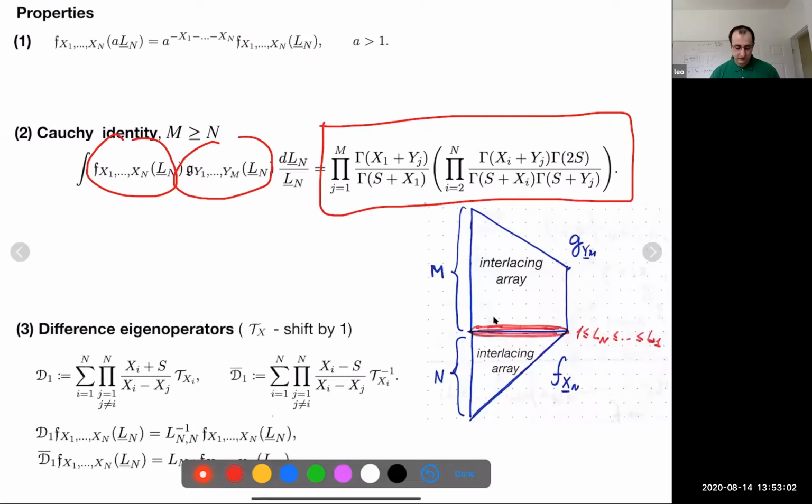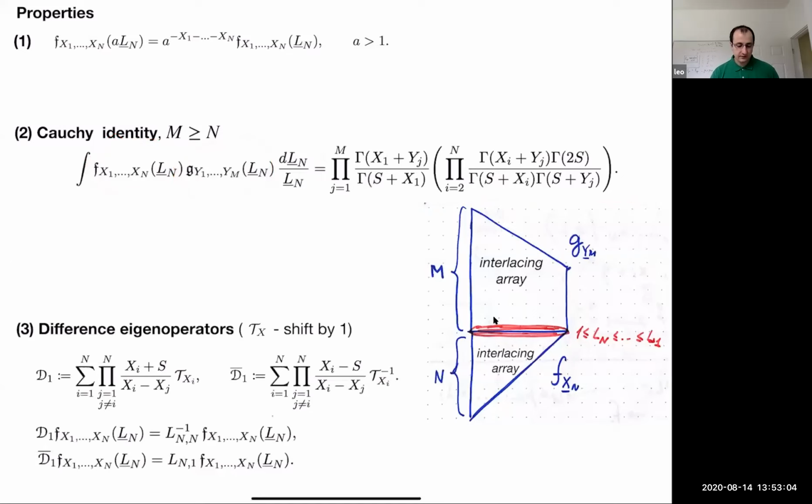Also, acting in the x variables, these spin Whittaker functions are eigenfunctions of certain difference operators. Well, there were q-difference operators at the q level, but now there are difference operators.